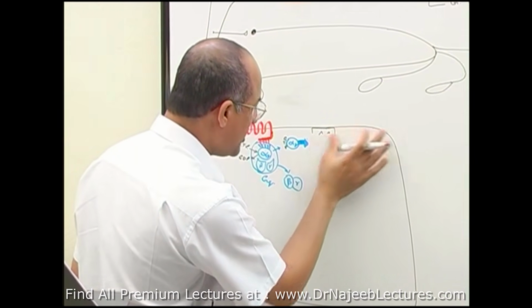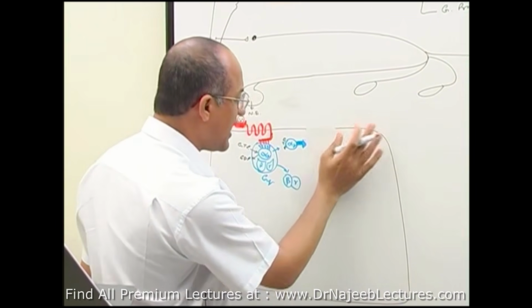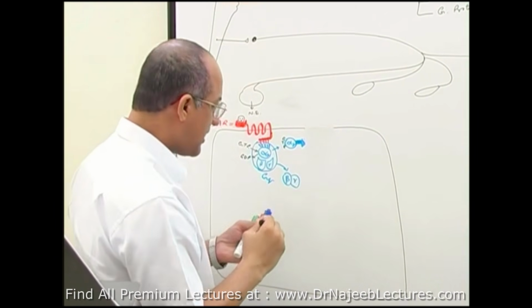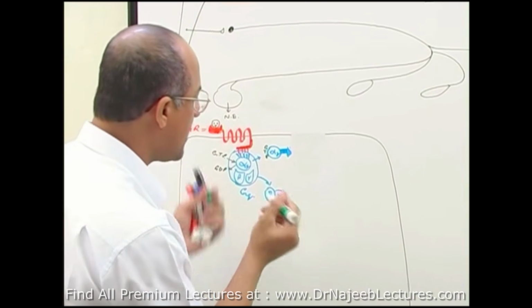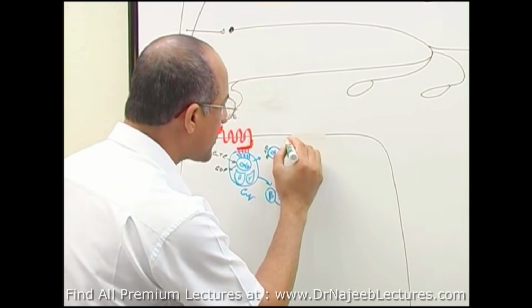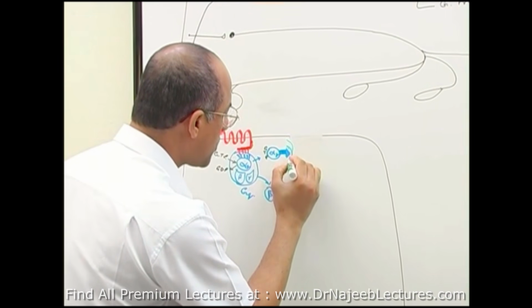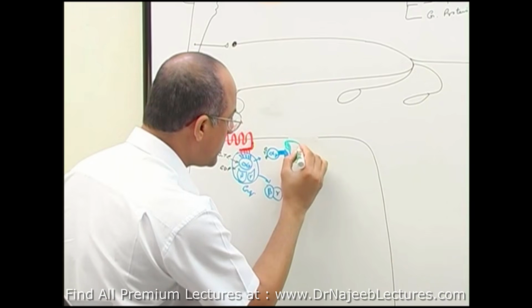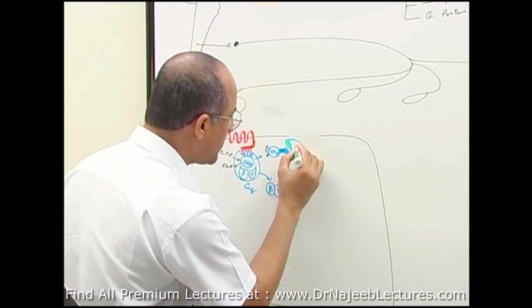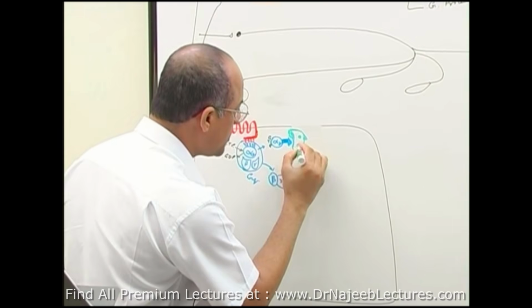GQ does not bind with adenylyl cyclase, rather GQ binds with a different enzyme, and that enzyme is called, yes, who will tell me the name of that enzyme? This is the name of that enzyme, let me tell you.